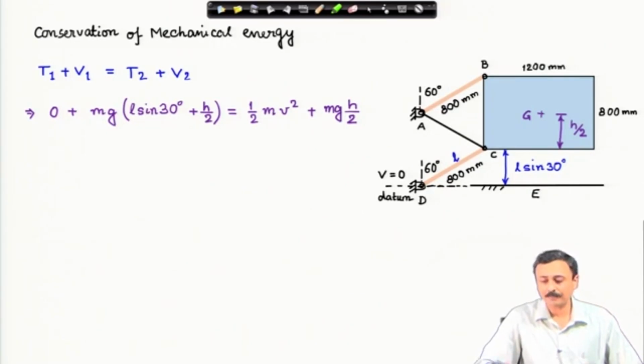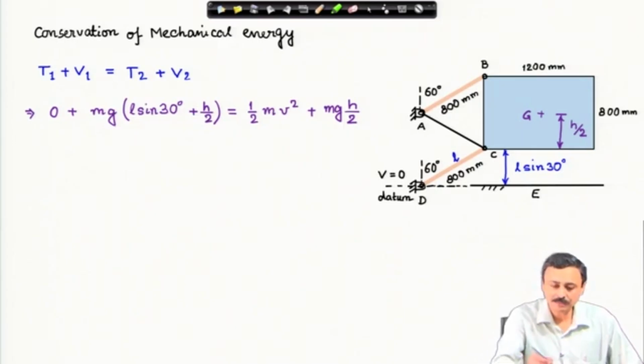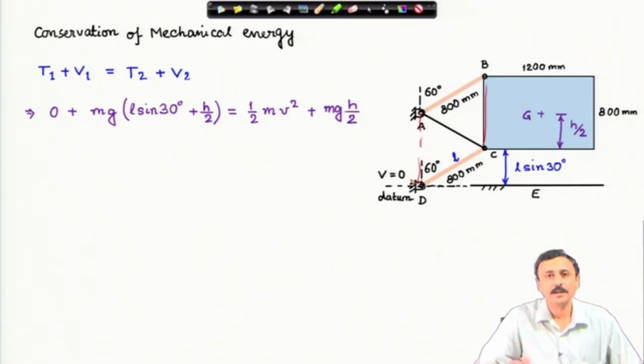Now, notice that this plate is in curvilinear translation; there is no rotation of the plate because the mechanism is such, it is a parallelogram mechanism. The mechanism will not allow rotation. This edge and this edge will remain parallel, and that is why there is no rotation of the plate.